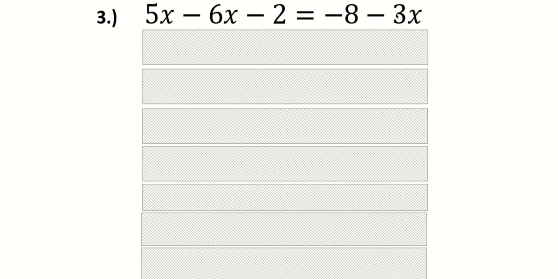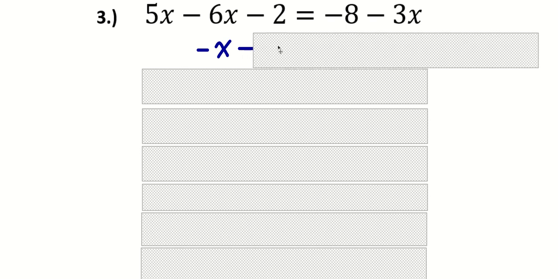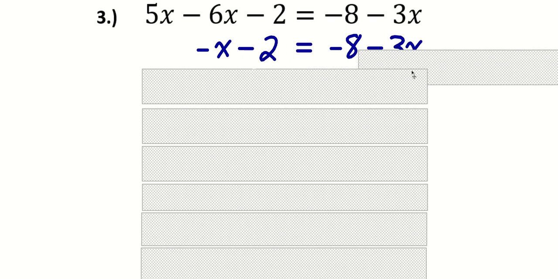No. Nope, don't got to do any of that. Are there any like terms that are already on the same side together? Yep, right here. 5x, so you just do it as they are. So 5x minus 6x is -1x. So that's all I did in that step.